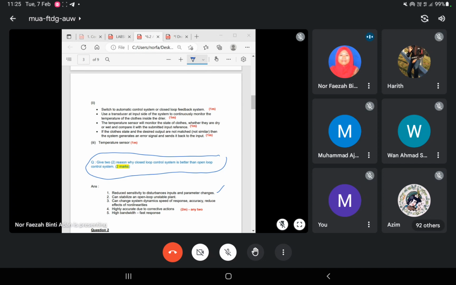Okay. And then apa lagi? Not much problem of stability. Okay, so when you design an open loop system, untuk your system to be unstable, dia punya chances tu low compared to your feedback system.